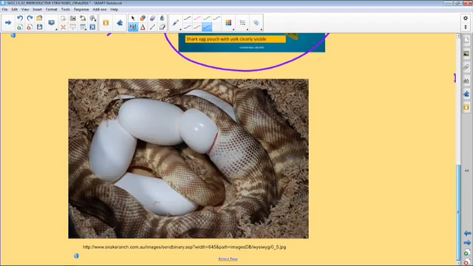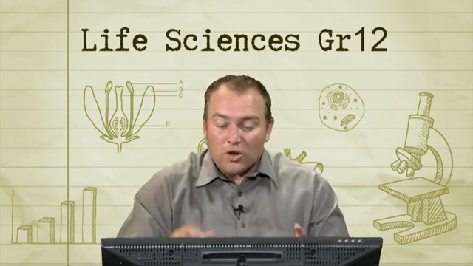Is there an egg there? Can you see an egg? Yes. There's an egg. Now that egg, the whole point about this is it's outside of the body. If this mother chose live birth, what would happen? The snakes would be alive and there would be no shells. Okay, very important to have a look at. Next one, key concepts.